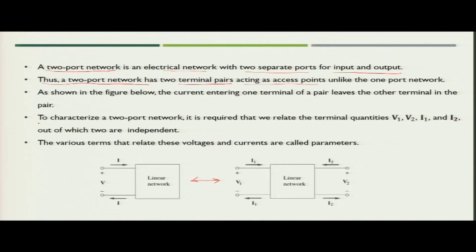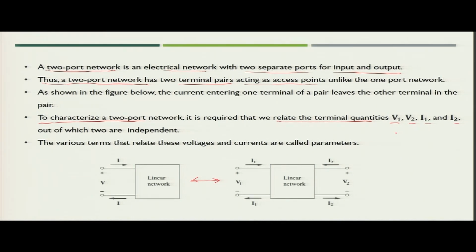Now, to characterize the two port network, it is required that we relate the terminal quantities, that is V1, V2, I1, I2, which you see in the two port network. Here V1 is applied across the terminal pair on the left side, and V2 is applied across the terminal pair on the right side. I1 flows into port 1 and I2 flows into port 2.